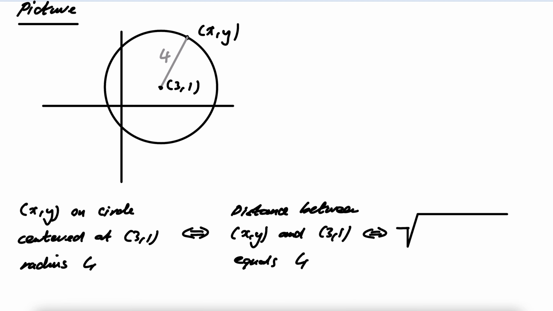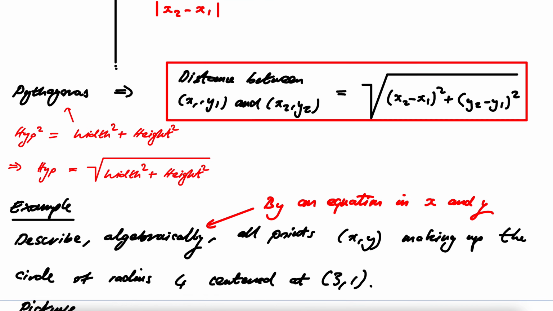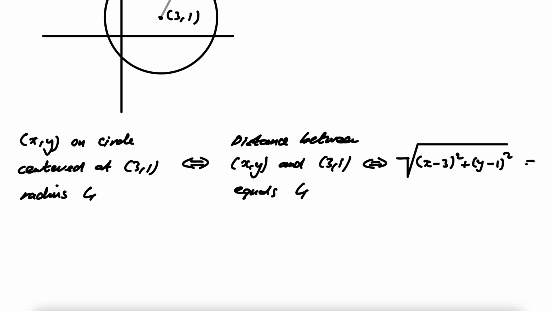If and only if the square root of x minus 3 squared plus y minus 1 squared, that is literally the distance formula above, is equal to 4. But everything's positive, so this is if and only if. Well, let's square everything to get rid of the square root. x minus 3 squared plus y minus 1 squared is equal to 4 squared, which is 16, but I'm just going to leave it as 4 squared.